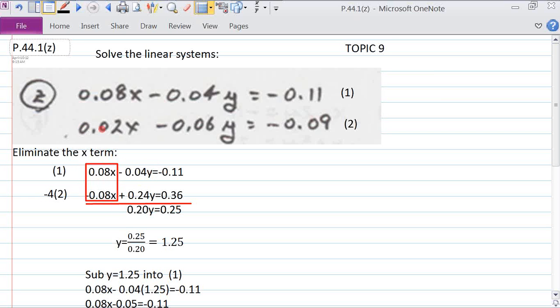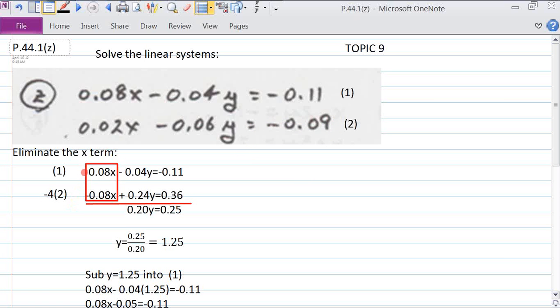Okay, so multiplying this by -4 gives me -0.8x. Multiplying this by -4 gives me plus 0.24y. And multiplying this by -4 gives me plus 0.036.